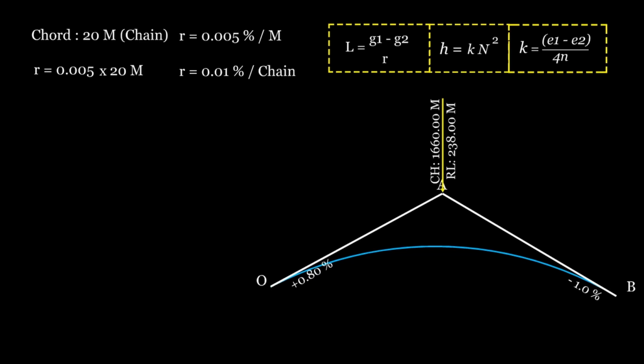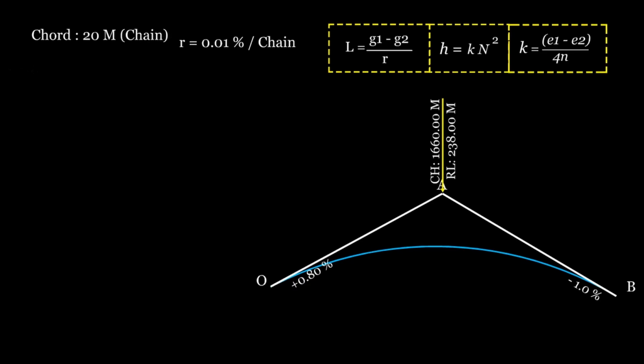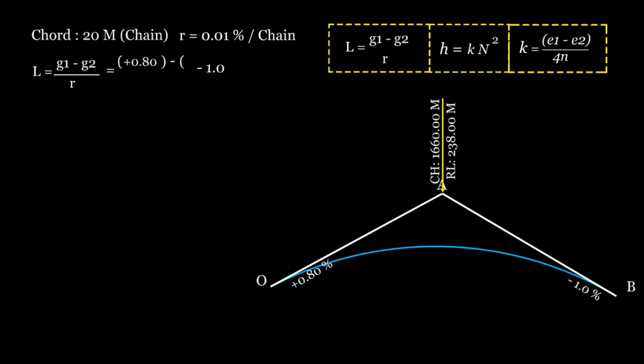Step 1. Calculate the total length of the curve. We already know the formula for the length L of the curve is L equals G1 minus G2 divided by R, where G1 equals plus 0.8%, G2 equals minus 1%, and the rate of change of grade per chain equals 0.1%.